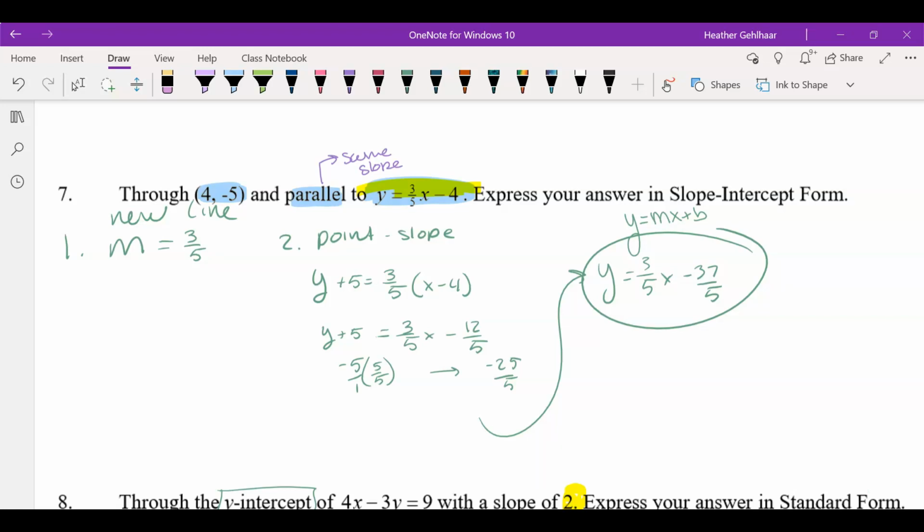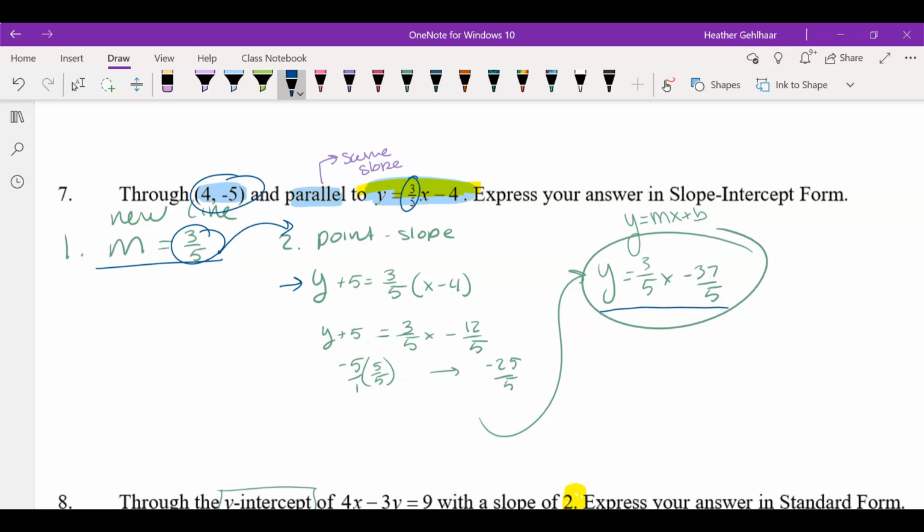It's clearly the same slope as the other one, so that's going to be 3 over 5. So we're going to take that, and then we're going to take the new point and the slope and plug it into point slope form. Once we plug it into point slope form, we'll be able to get our final answer and get it to y equals 3/5 x minus 37 over 5.